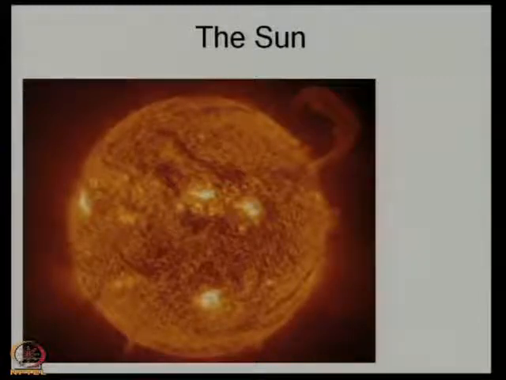Much of our information about the sun is obtained by studying the radiation coming from the sun to the surface of the earth. This radiation is extremely important because it is essentially the source of energy on the basis of which the entire life is built up on earth.